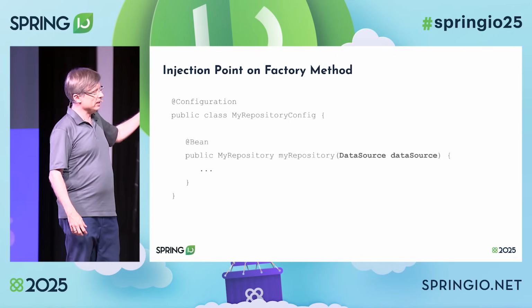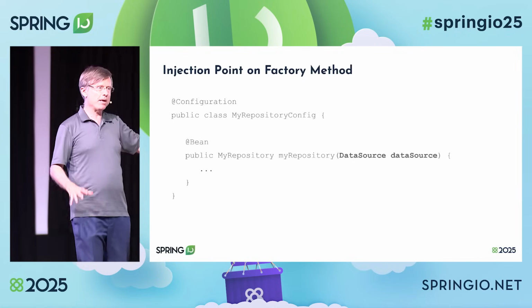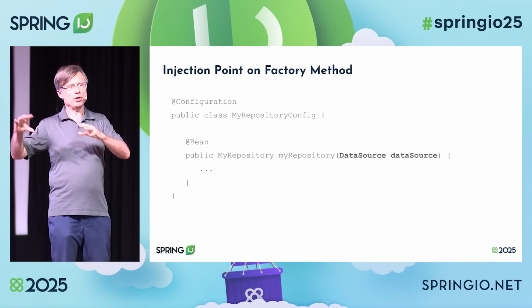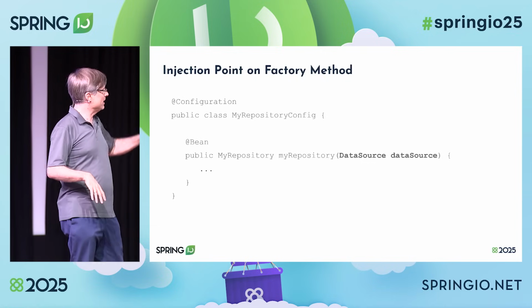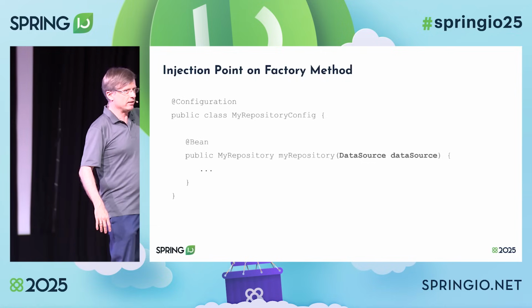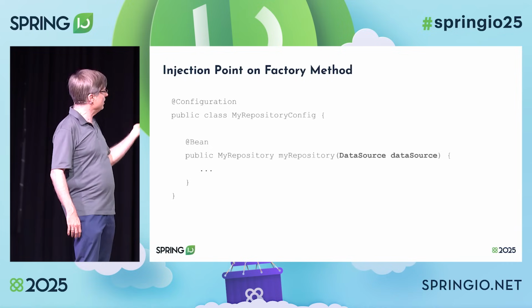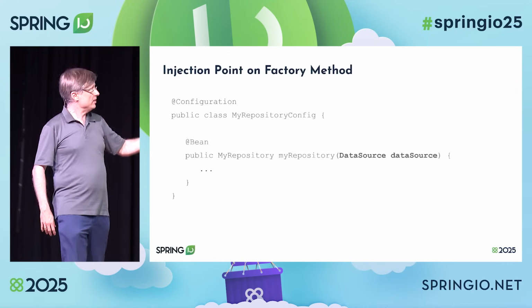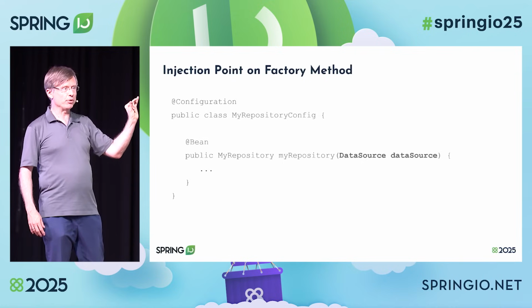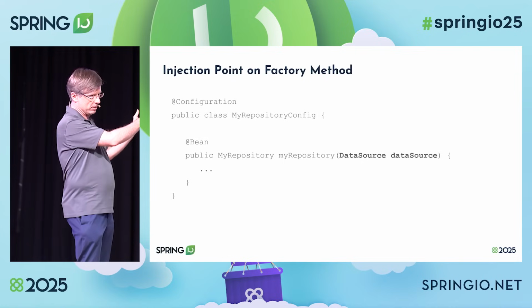The Spring programming model largely makes factory methods as equivalent as possible to calling a constructor for that class. Instead of calling the MyRepository constructor directly, we call a factory method. As a consequence, the factory method can have the injection points. Just like the constructor would take the data source, the factory method takes the data source.